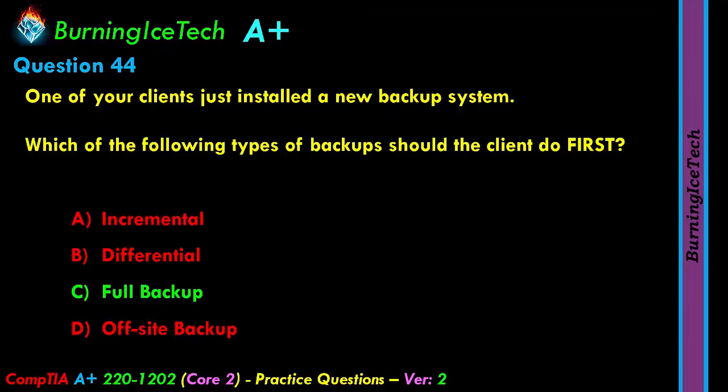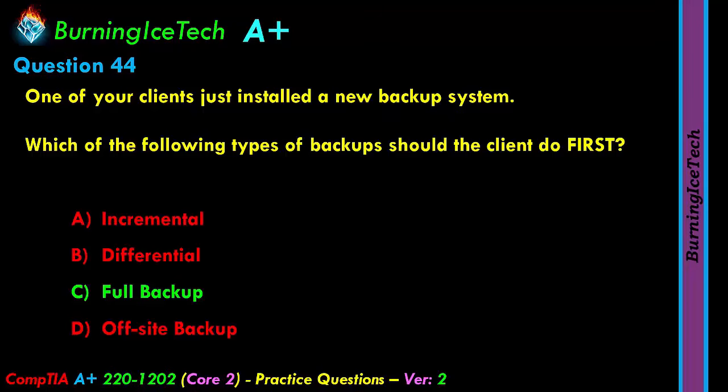Now, if you guys are curious what the exact difference between incremental and differential is, since those two are very much the same, the key difference here, guys, is that an incremental backup saves the changes since the last backup, full or incremental. So it doesn't matter if the last one was a full backup or an incremental backup, it saves the changes since that last backup.